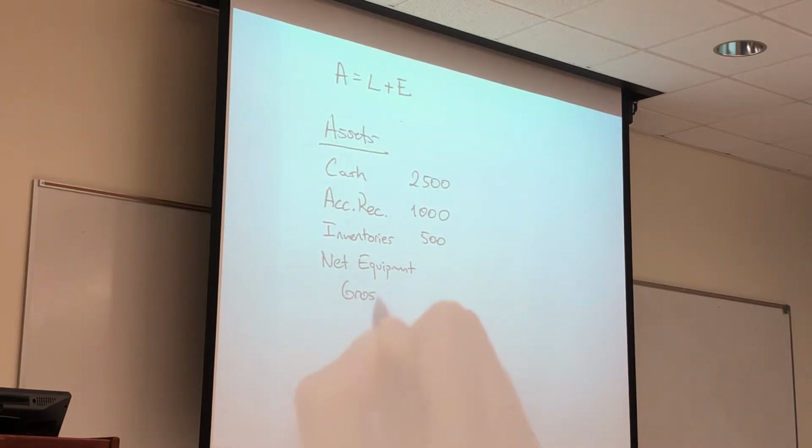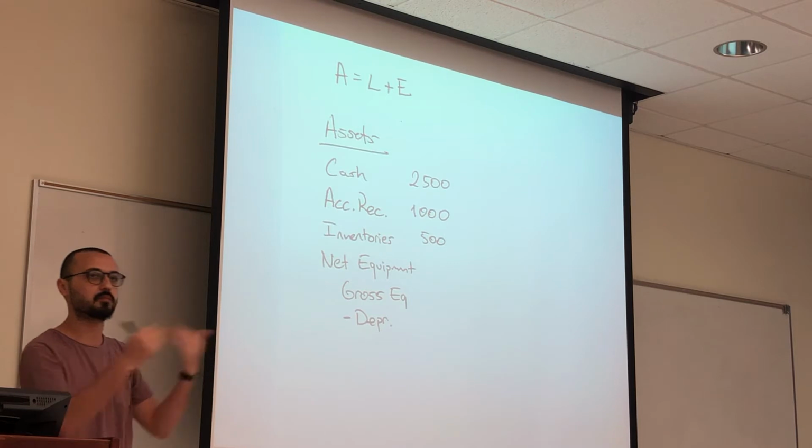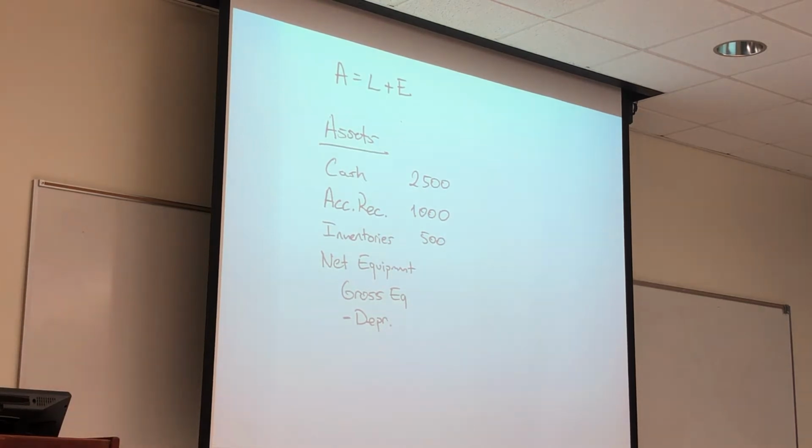gross equipment minus the depreciation, right? Because we have the gross equipment, and then the wear and tear that we show in the income statement. We're just gonna subtract that and get the net equipment.